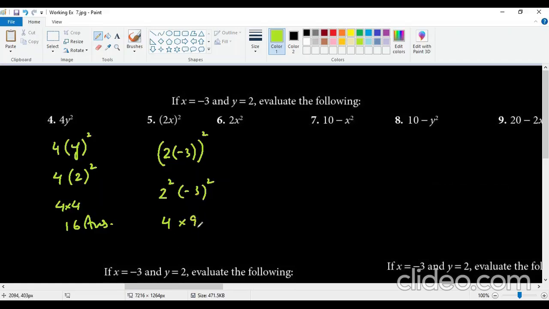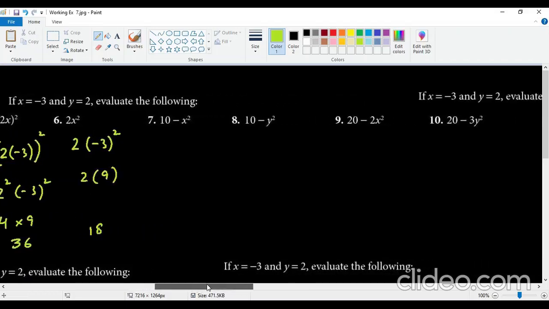That means -3 multiplied by -3, so it's going to give you a +9. So it's going to give you 36 as an answer. When it comes to 2x square, you can see the difference. Now here 2 is multiplied by the value of x square. That means -3 multiplied by itself. So here it's going to give you 2 times 9, 18. So this is the difference between 2x whole square and 2x square.